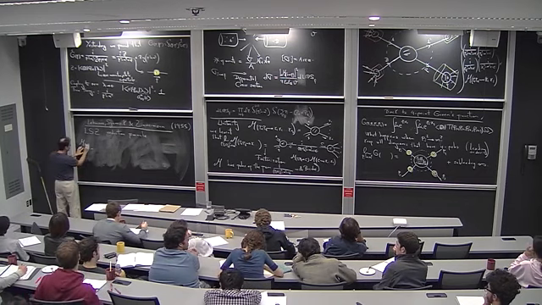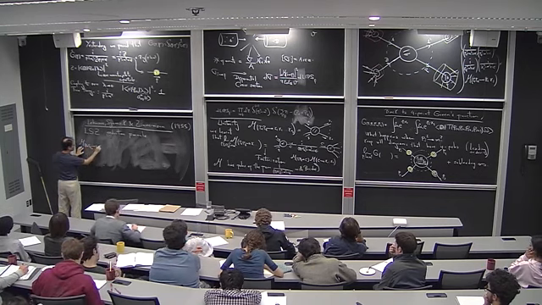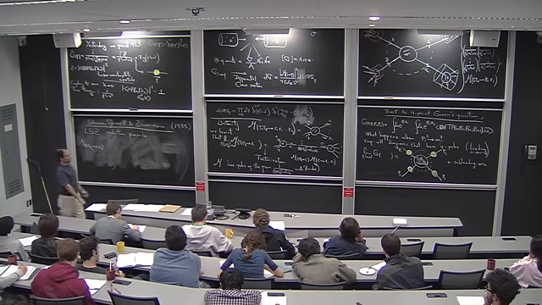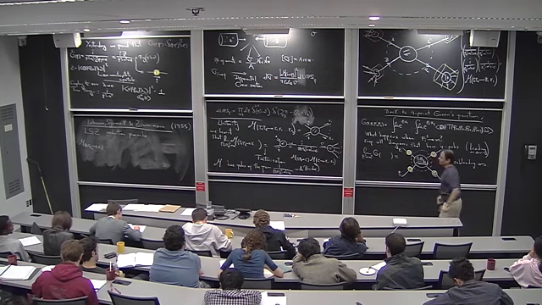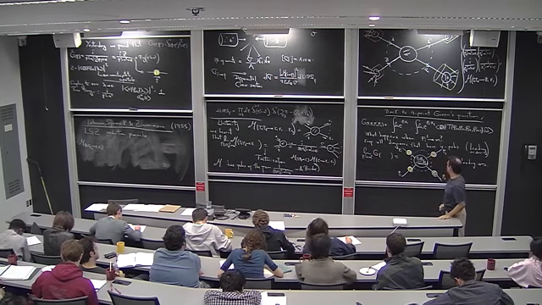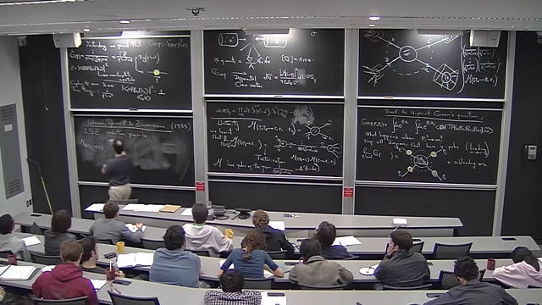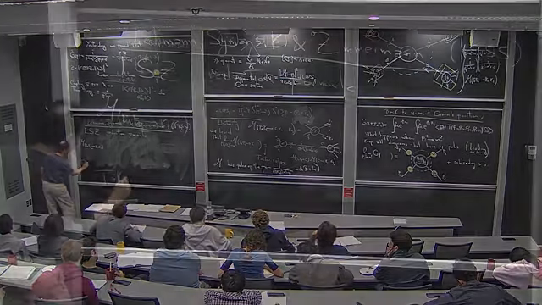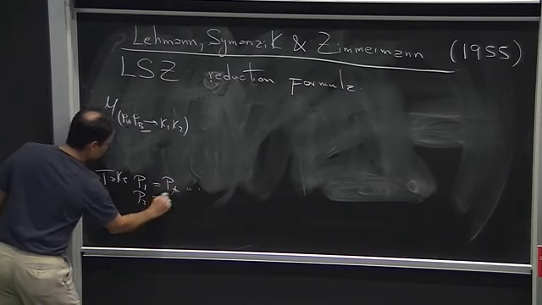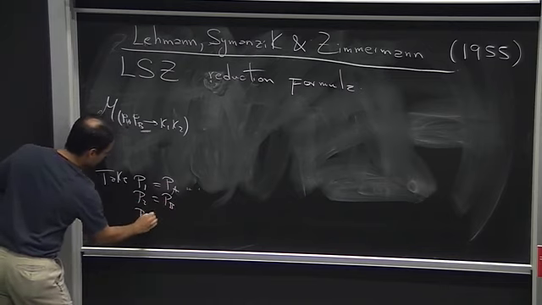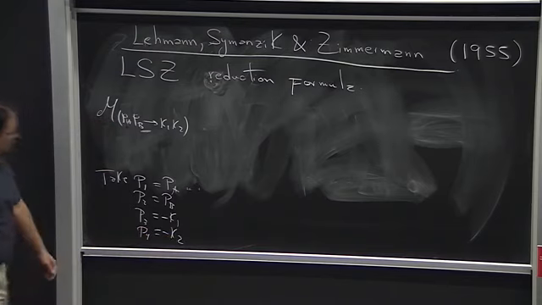So we can take some of these guys to be PA and PB, and some other guys to be K1 and K2. Say we take P1 to be PA, P2 to be PB, P3 to be minus K1, and P4 to be minus K2.